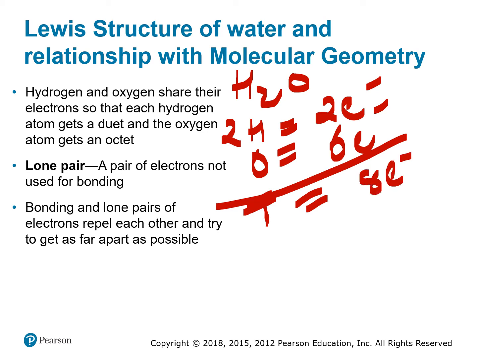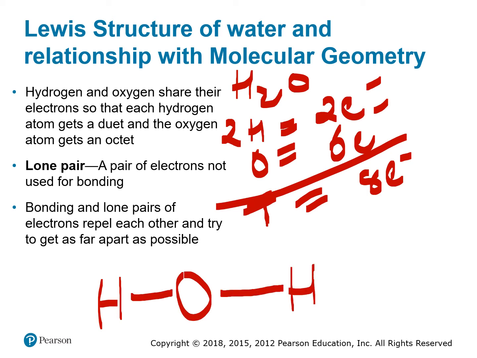The second step is we are going to do the setup or draw the skeletal. We know hydrogens are always terminal, so I'm going to have hydrogen on the sides, and then I'm going to connect the atoms. Now this is the bonding pair. So remember, at each end I have an electron that's being used.